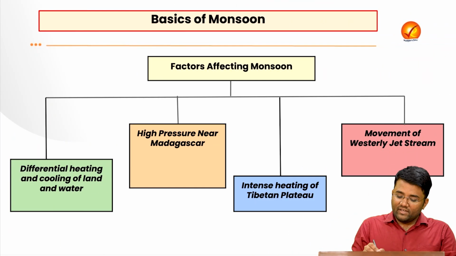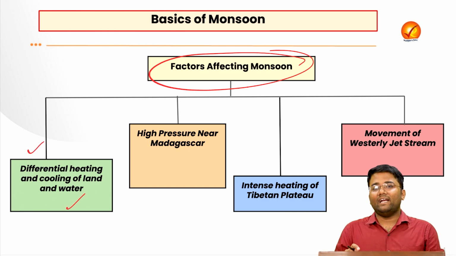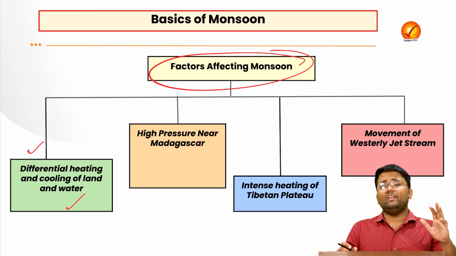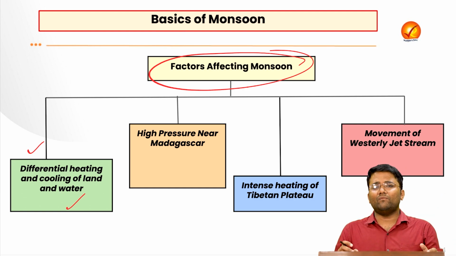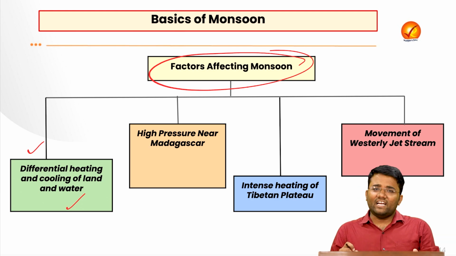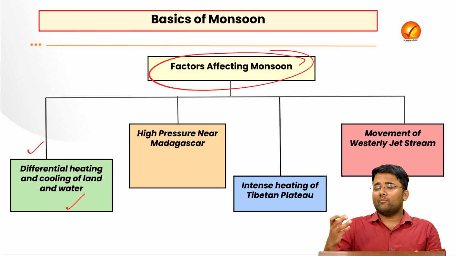Also, there are various other factors which are affecting the monsoon. The differential heating and cooling of land and water. As you would be aware, land gets heated faster and also loses heat faster. But comparatively, water bodies heat more slowly, and obviously they lose heat over a much longer duration. That is the reason that when land loses heat faster, there will be high pressure.